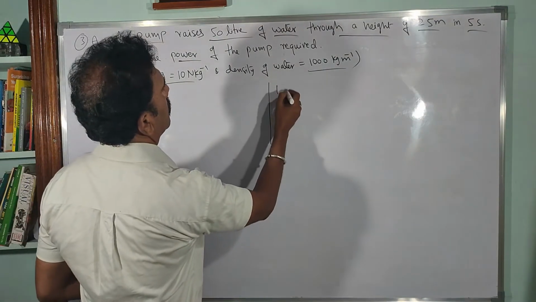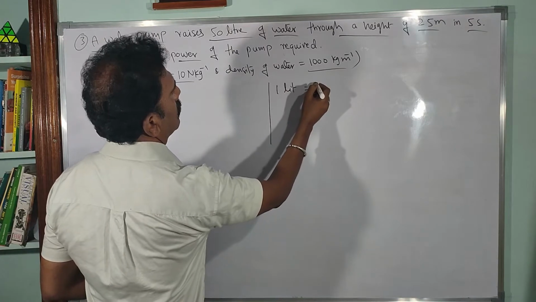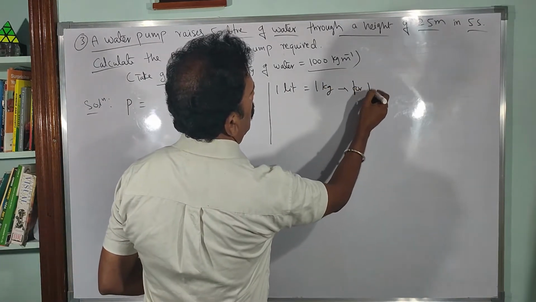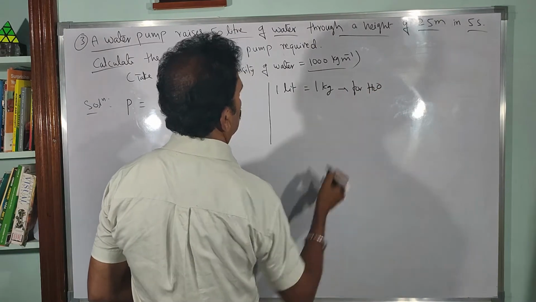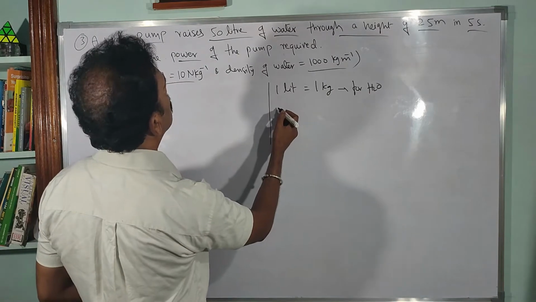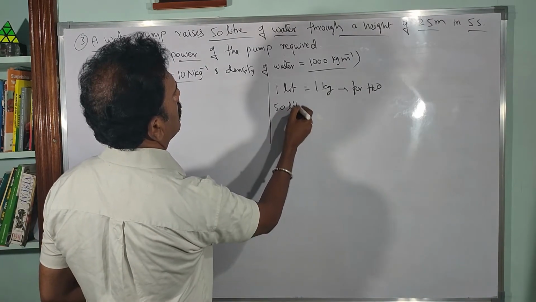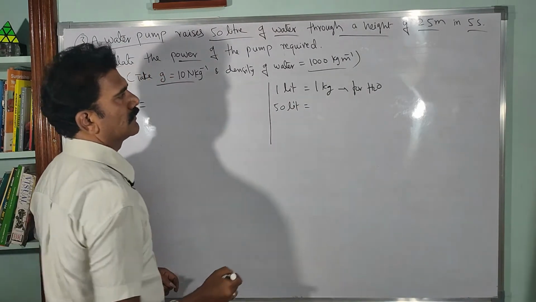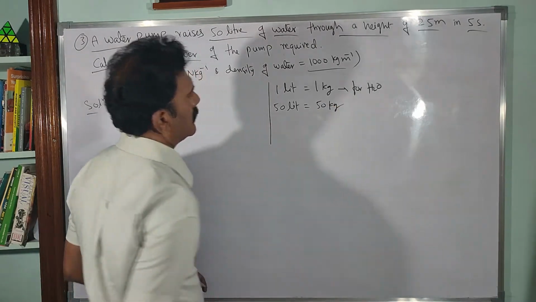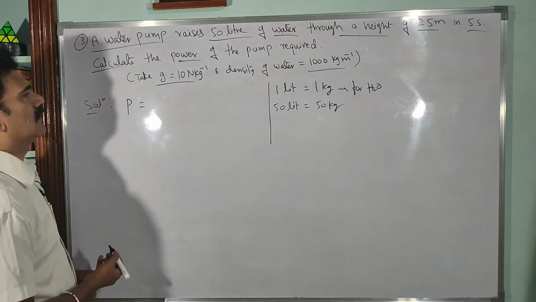So 1 liter is equal to, in fact, 1 kg for water. I will write H2O. Then the value given here is 50 liters. So that is equal to how much then? Simple, 50 kg.